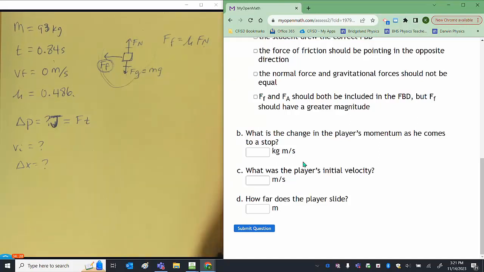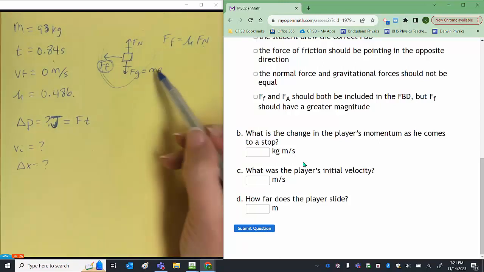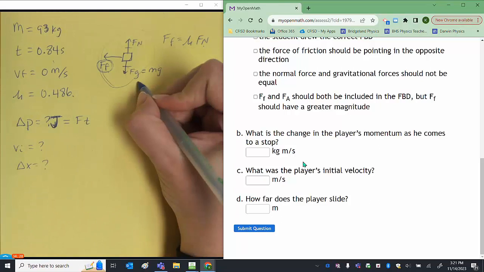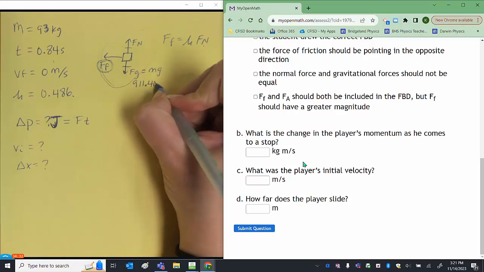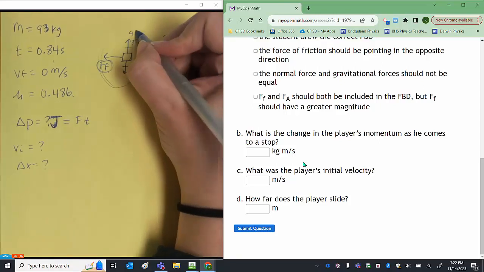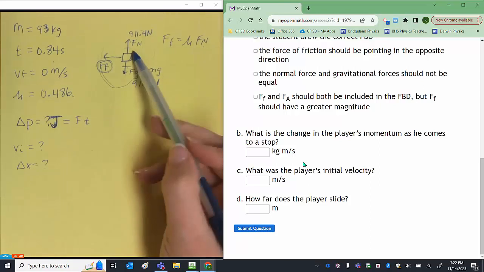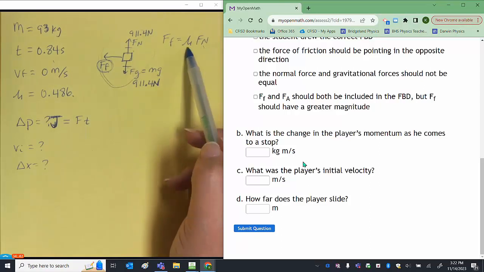So I'm going to take the player's mass, 93 kilograms, and multiply it by 9.8, mass times gravity. And I'm going to get a weight, an Fg of 911.4 newtons. And again, Fn's equal and opposite to it, so this is also 911.4 newtons. So now I know my normal force. I can multiply it by my coefficient of friction.